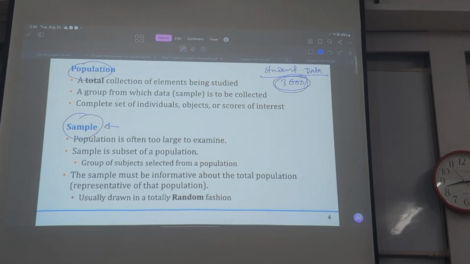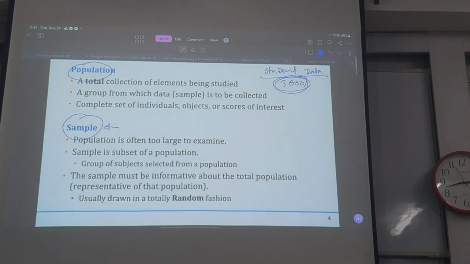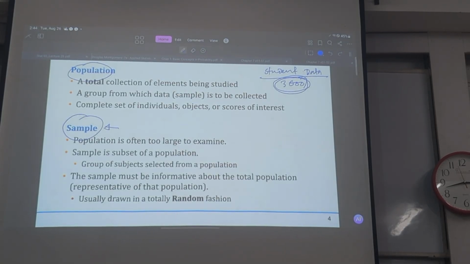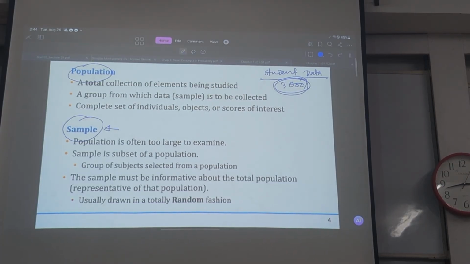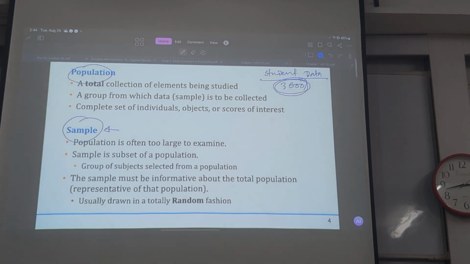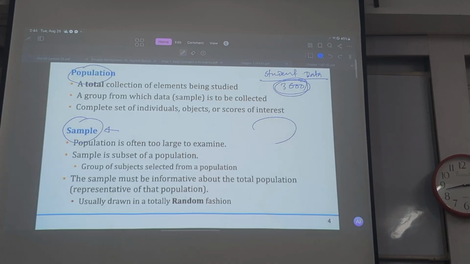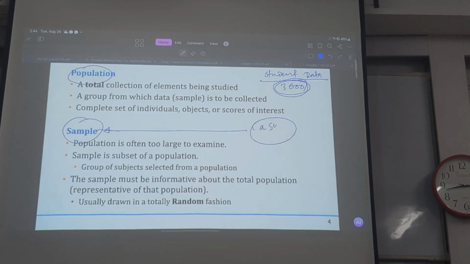This data is still gettable. Now, if you consider all students in Bangladesh, millions, then such data does not exist in most cases. But if we want to gather knowledge about this data, then we need to start with a small set of data. That small set is a subset of the data, and we call it a sample.